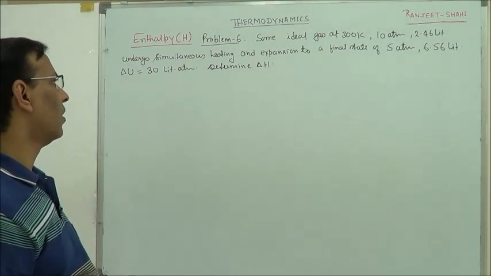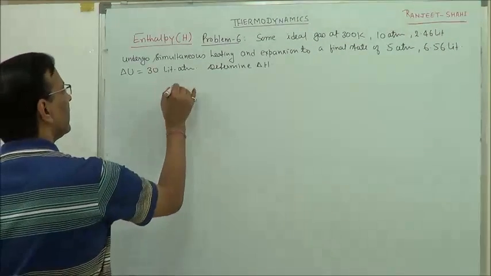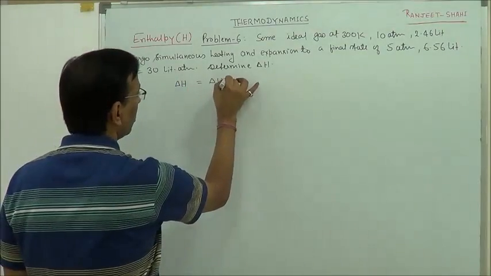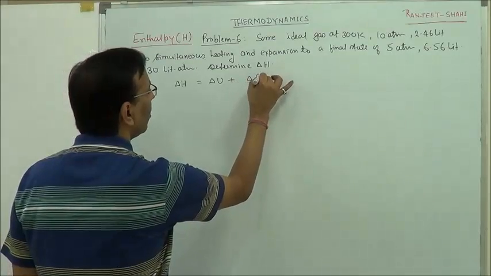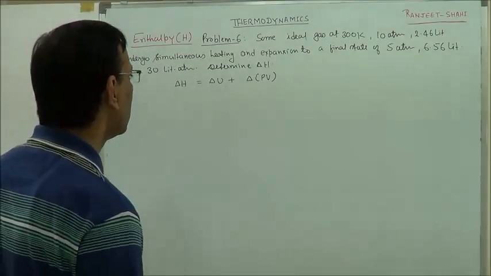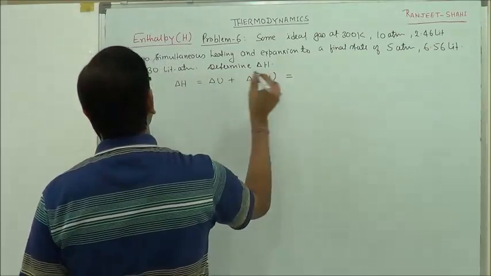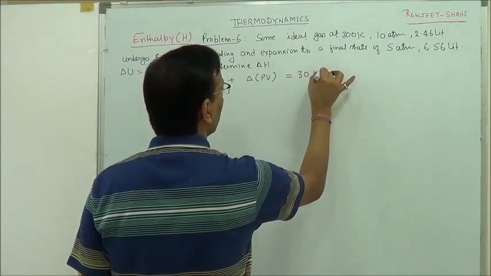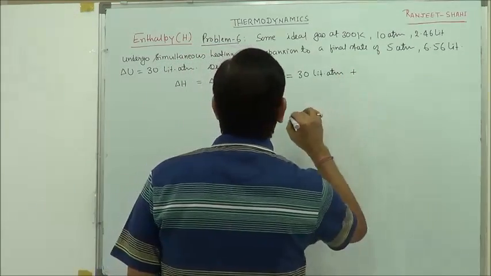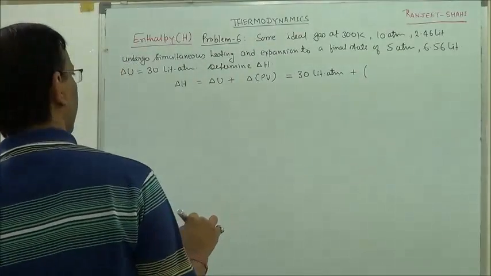Or we can directly use the relationship that delta H is equal to delta U plus delta of PV, so P2 V2 minus P1 V1. Delta U is 30 liter atmosphere, and delta PV is P2 V2 minus P1 V1.